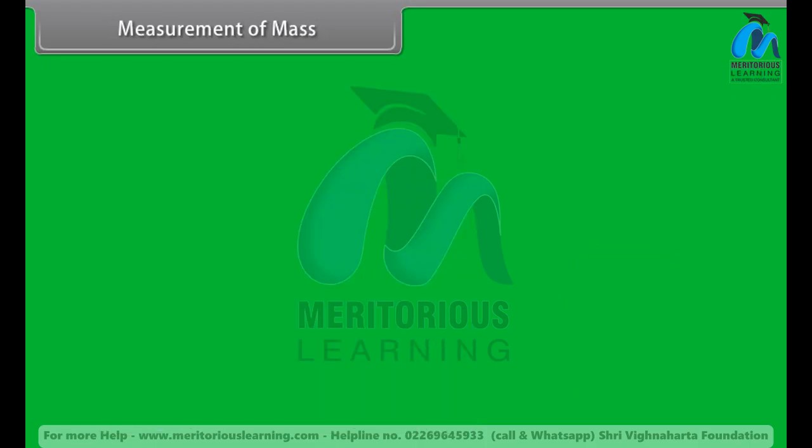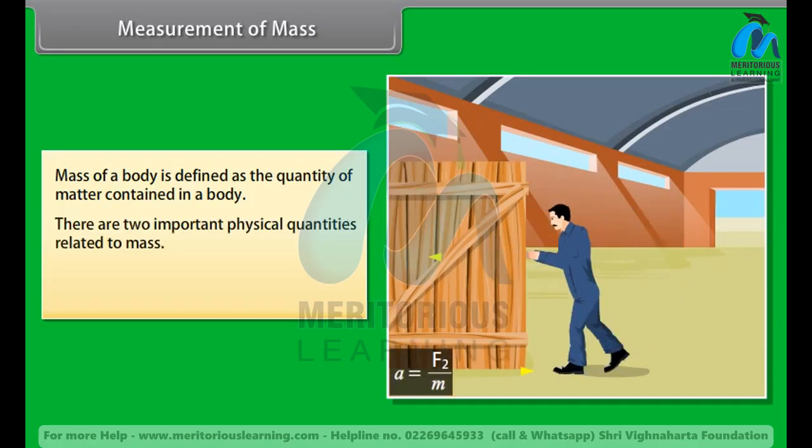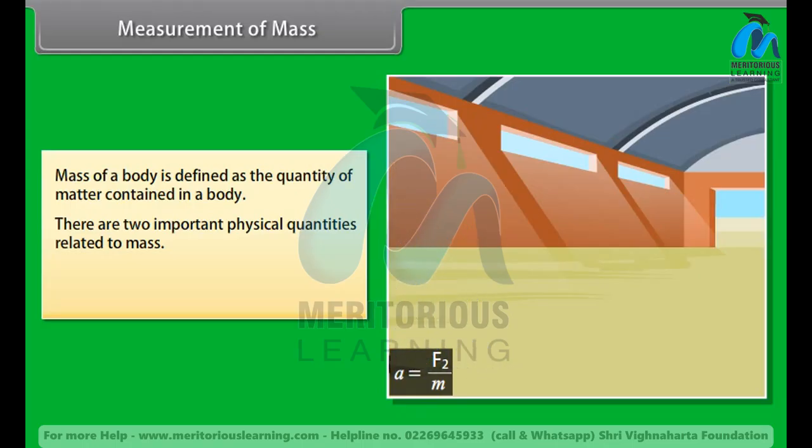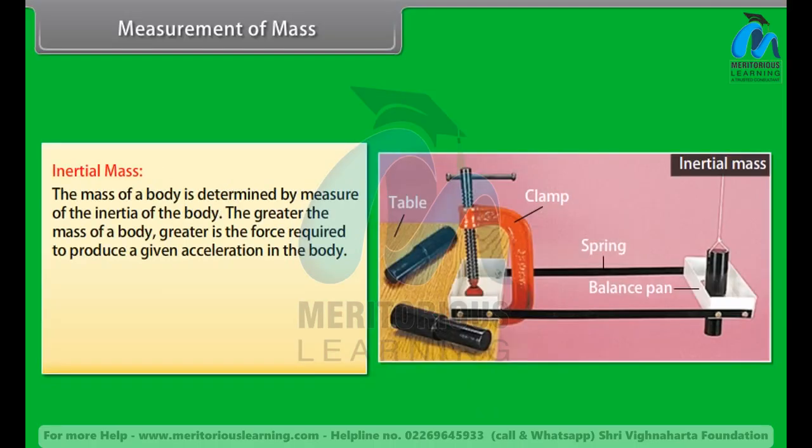Measurement of mass. Mass of a body is defined as the quantity of matter contained in a body. There are 2 important physical quantities related to mass of a body: inertial mass and gravitational mass. Inertial mass: the mass of the body is determined by measure of the inertia of the body.